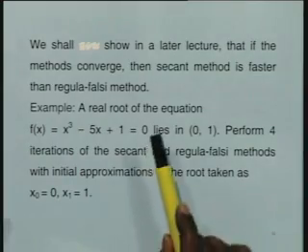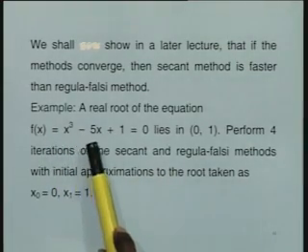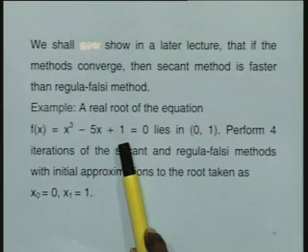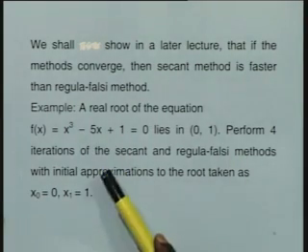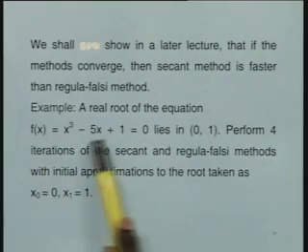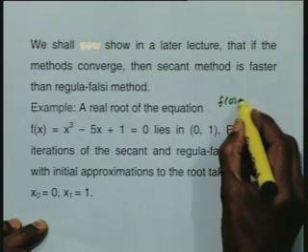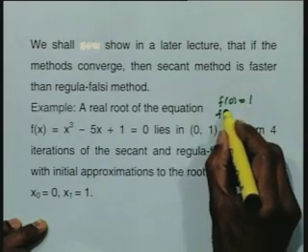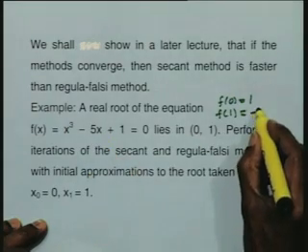Now, let us take a simple example. Let us take the equation f of x is equal to x cubed minus 5x plus 1. We have tested this example earlier. We can show that f of 0 is 1, and f of 1, substituting 1 here, gives you minus 3.